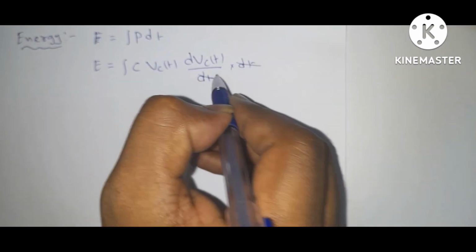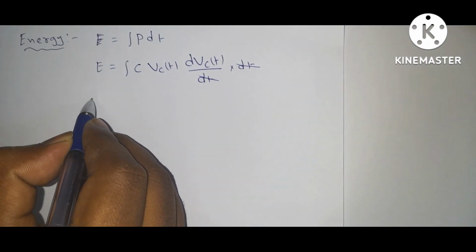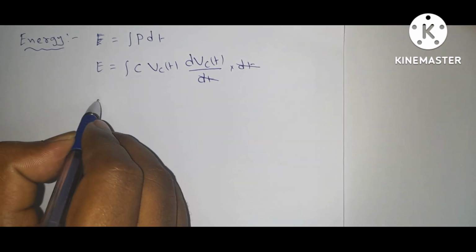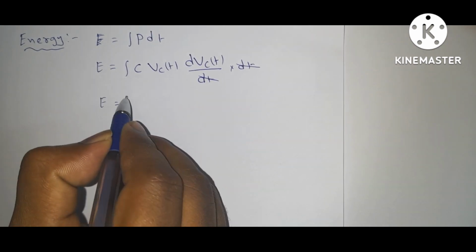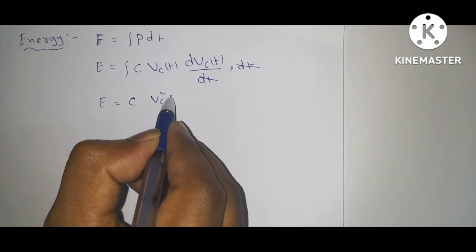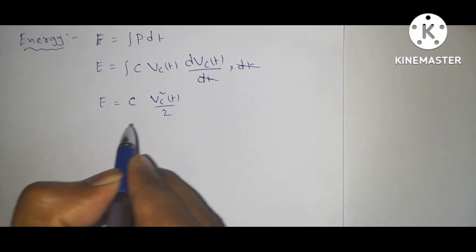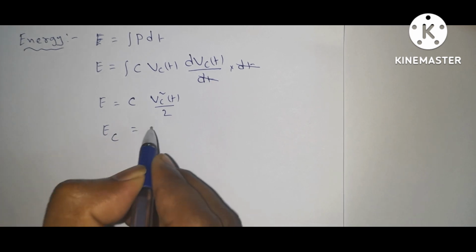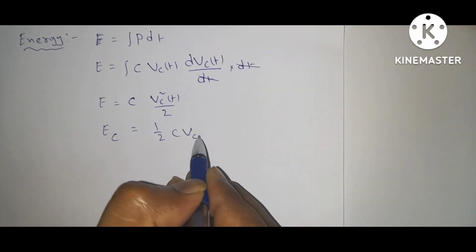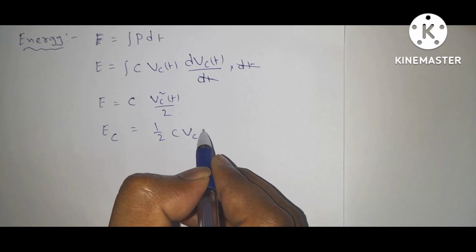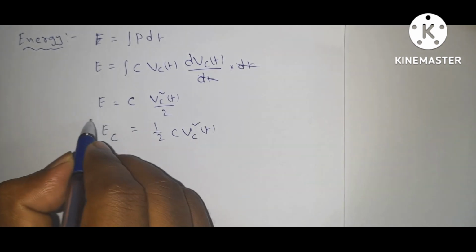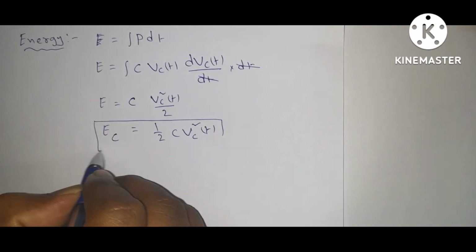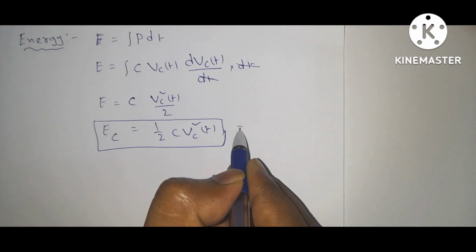So this dt gets cancelled. If we integrate this VC of t, what do we get? C into VC square of t by 2. So what is the energy stored in a capacitor? EC is equal to half C VC square, or VC of t whole square. This is also in joules.